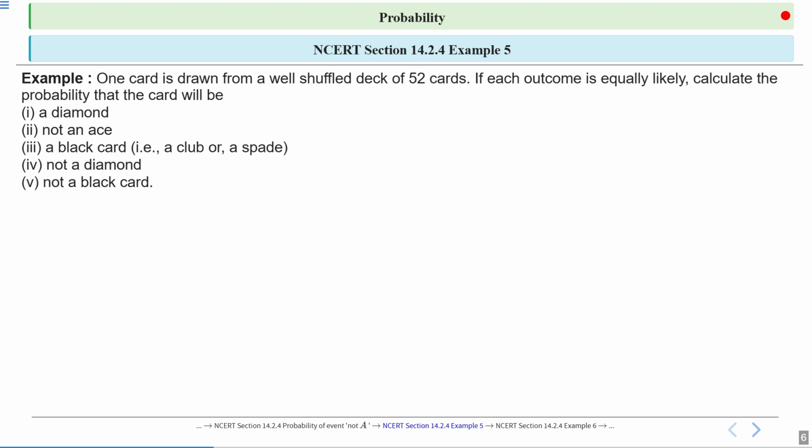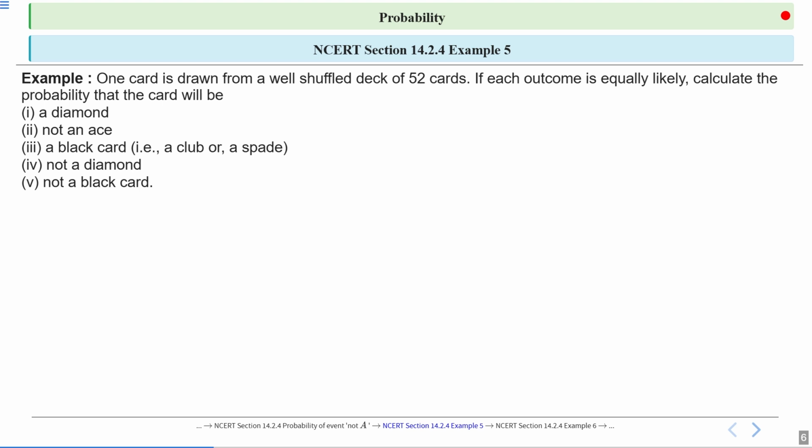That means now calculate the probability that the card will be, first, a diamond card; second, the card will be not an ace; and the card will be a black card, that is a club or spade. There are two types of black card, so club or spade.